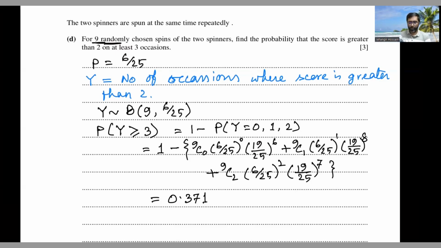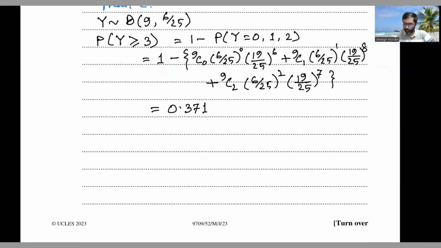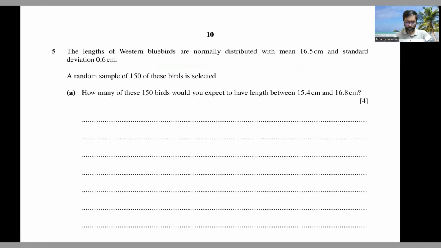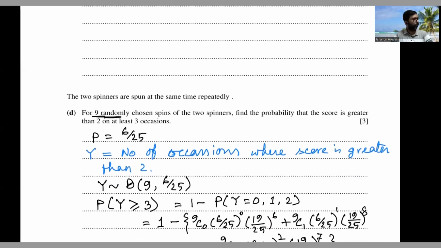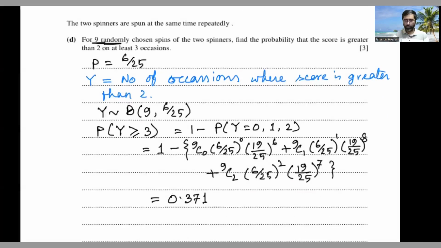So that's the probability that the score is greater than 2 on at least 3 occasions. Okay, that's the end of this question.